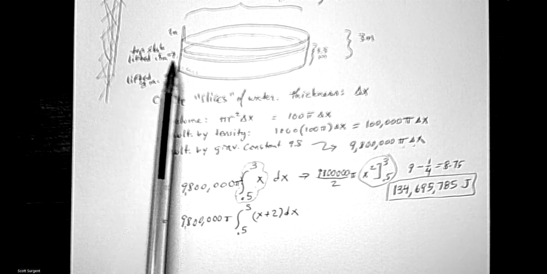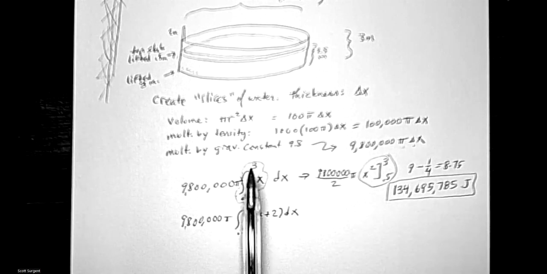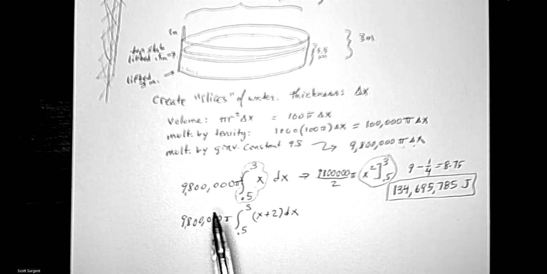You could work this out laboriously. I mean, this would not be that hard to do. What if you made 10 slices? So you went from like 0.5, I don't know, 0.75, 1, 1.25, and so on. You can actually work them out just numerically and then add them up. It'd be tedious, but it wouldn't be that hard, like a Riemann sum. And it should work out just fine.